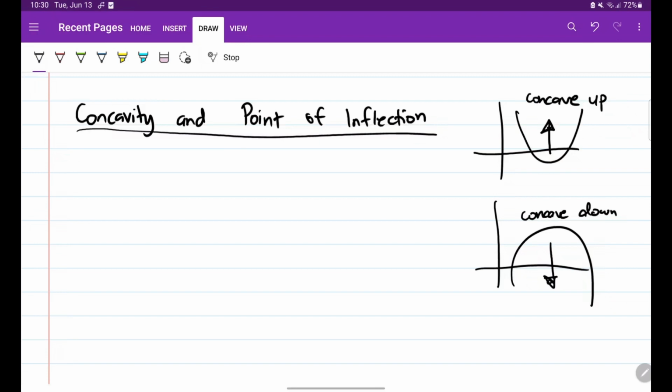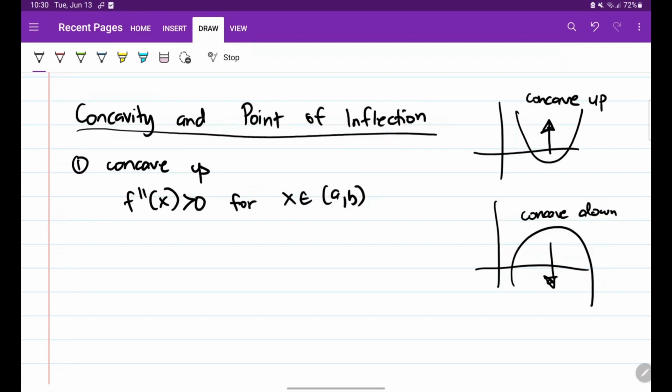Okay? Pero if we only are given a function f, paano natin malalaman kung yung function ba ay isang concave up or concave down? Okay? So say we have a function f. Masasabi natin siya na concave up if f double prime of x is greater than 0 for x an element of (a, b), or within the domain.